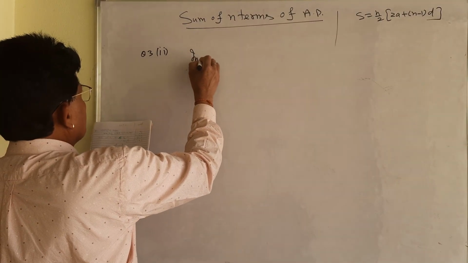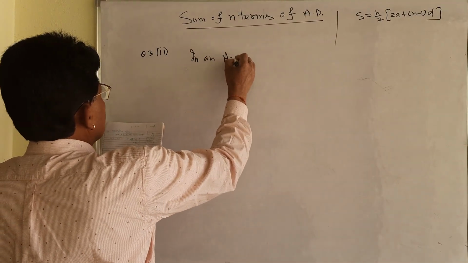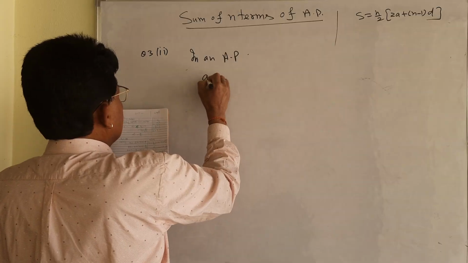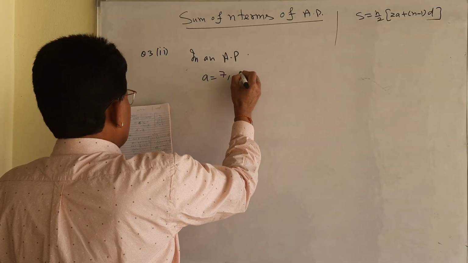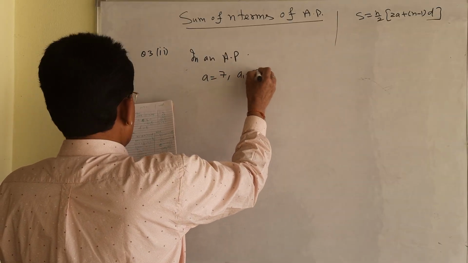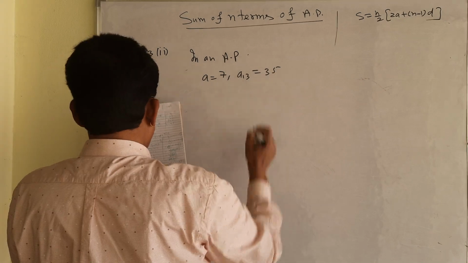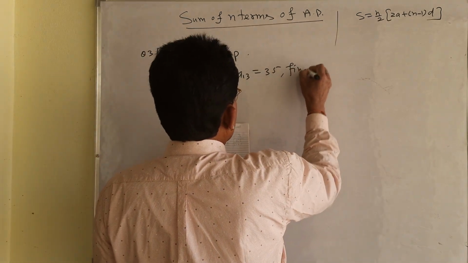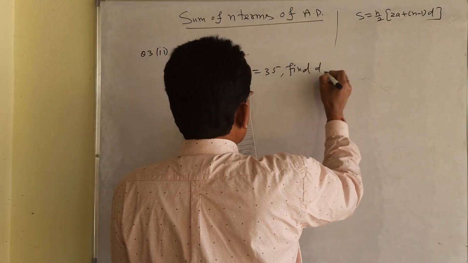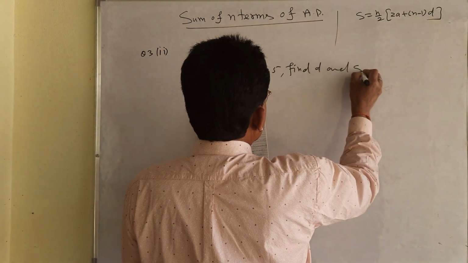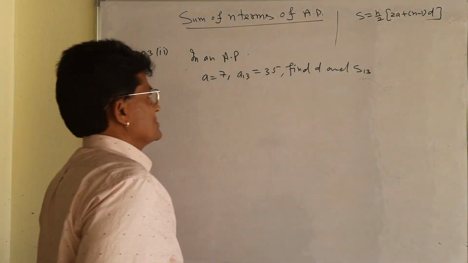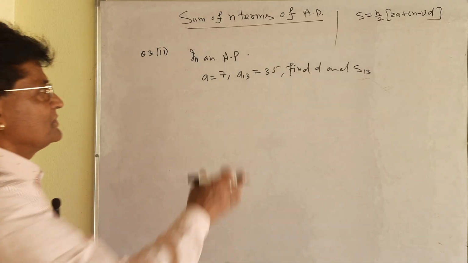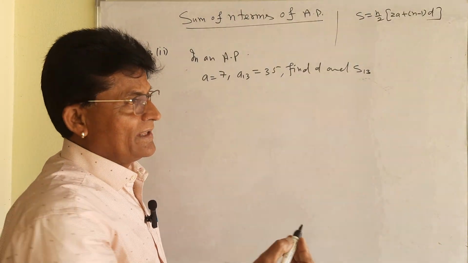In an AP, a is equal to 7 and a13 is equal to, suppose, 35. Find d and S13, which you will find out by yourself.